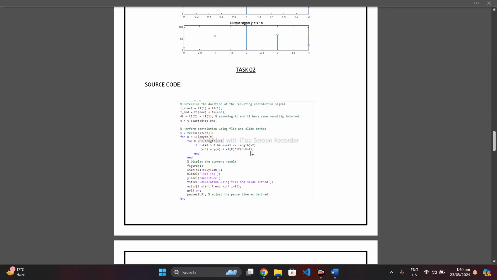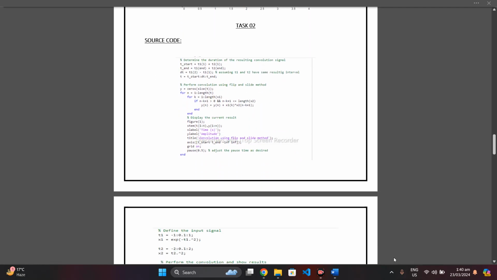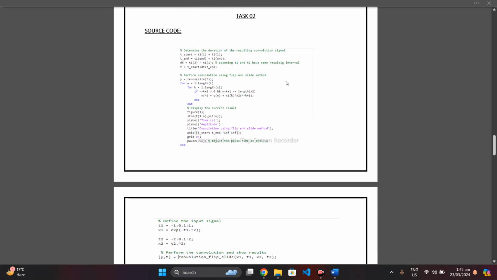Now we move to task number 2. Here in task number 2, we add T start which is the combination of T1 and T2, then produce Tn, then we find the difference between T1 and T2, then using a for loop from N1 to length h, then we use figure, then stem command, then use xlabel for labeling the x axis, then use ylabel for labeling the y axis, then use title, then use axis, then use the grid command.